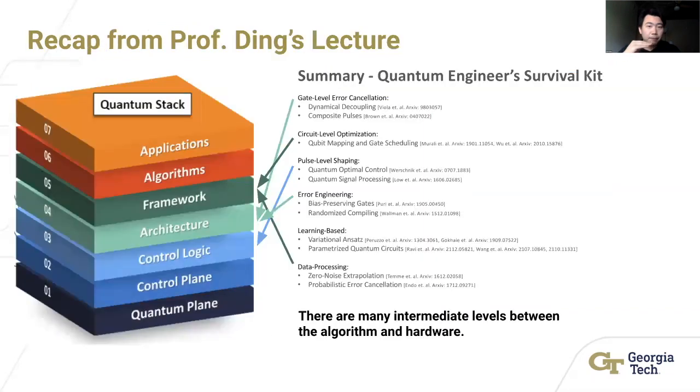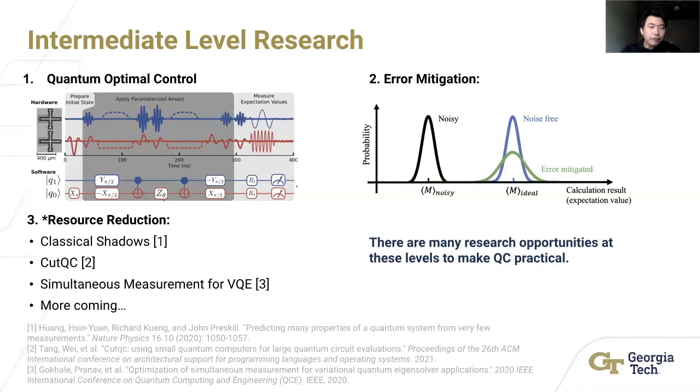So I will skip this slide. This is a recap, a connection from last week's lecture. Professor Ding mentioned a lot of survey works, and they're mostly at the intermediate level, in the framework, architecture, and control levels.